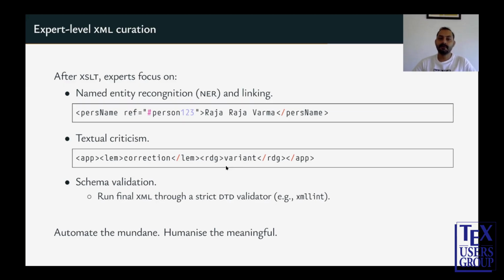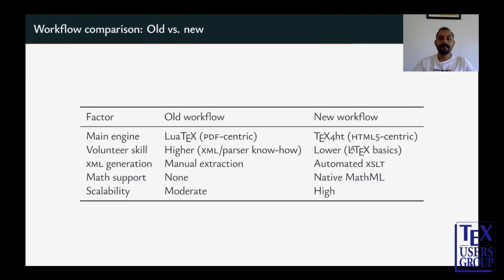In addition, strict schema validation can also be automatically introduced, for example, using xmllint. So we automate it as much as possible, but the meaningful part is still left with the experts and domain experts.